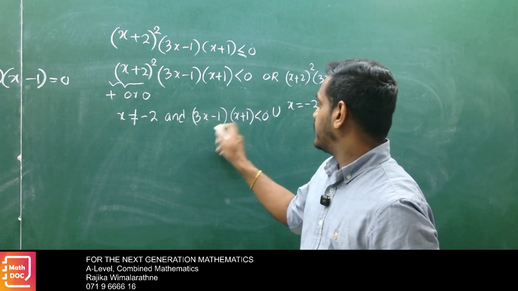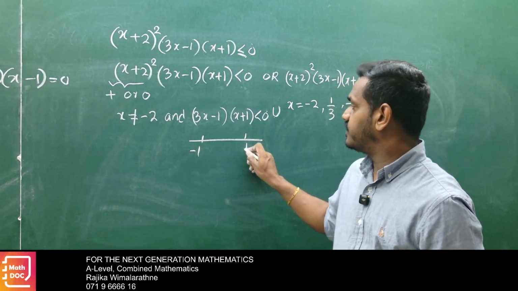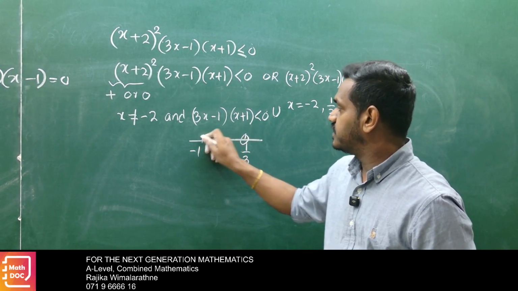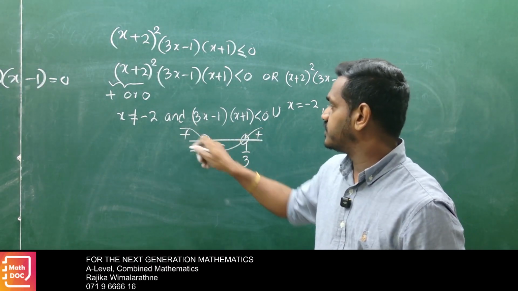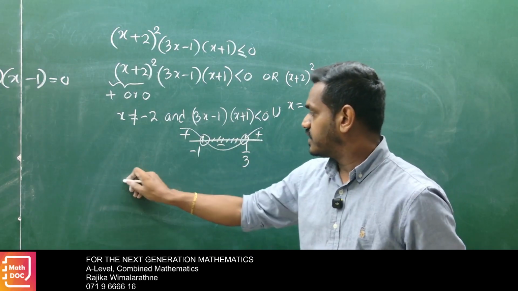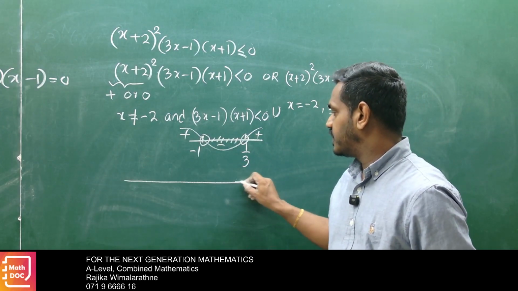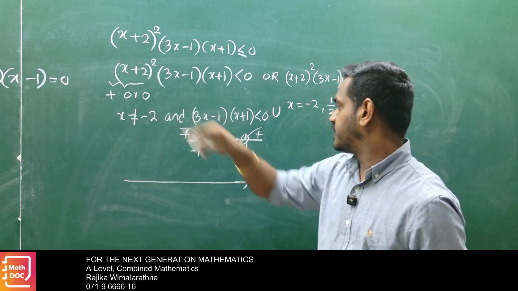Now here less than, minus 1, 1/3. Then here negative, positive, positive, negative region. Then mark inequality here. x not equal minus 2.